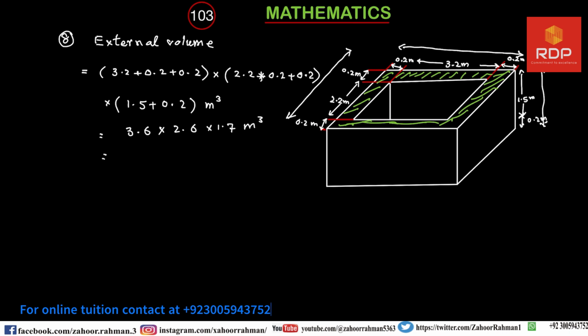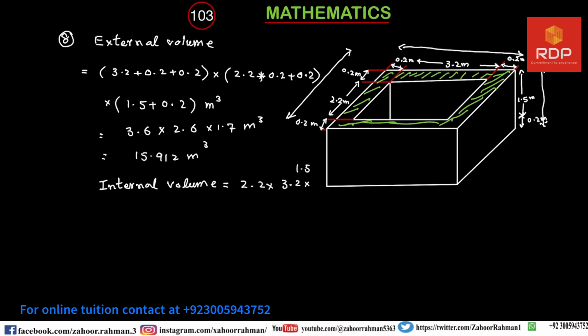So after multiplication we will get 15.912 meter cube. Let us leave it here and concentrate on the internal volume. So internal volume is equal to 2.2, 3.2 and then 1.5.